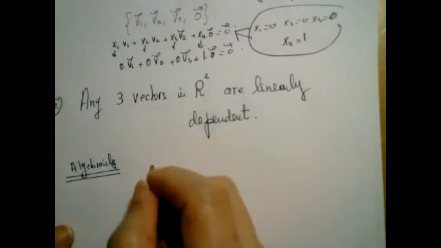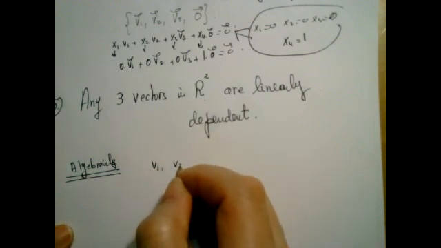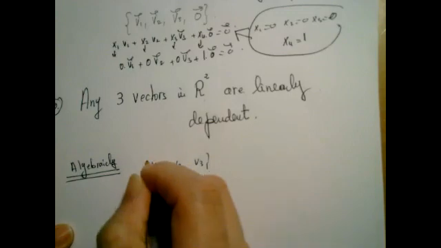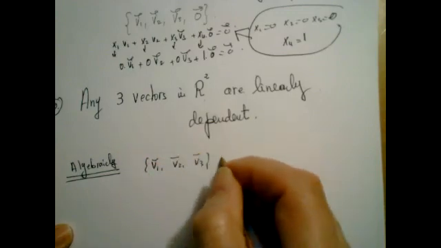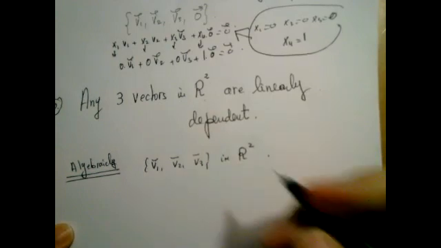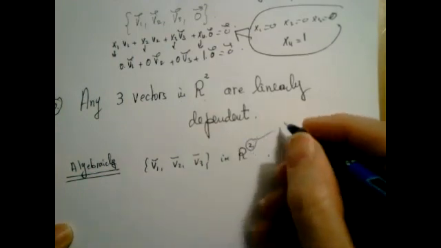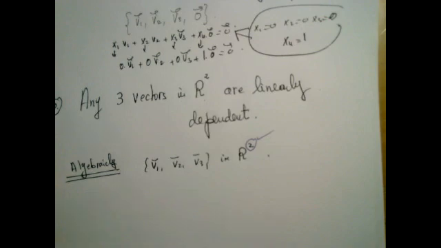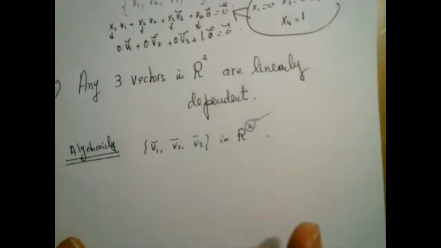Suppose I have vectors V1, V2, V3, all of them in R3. Sorry, R2. Having R2 here is absolutely important. It's not R3. And I want to convince you that they are linearly dependent, even though you don't know the entries. But how can I do that?